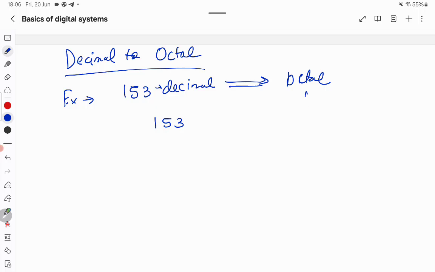Octal is base 8, so you divide 153 by 8.